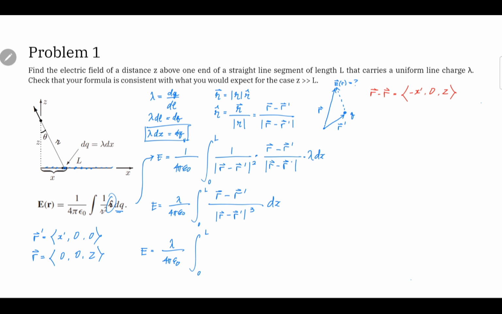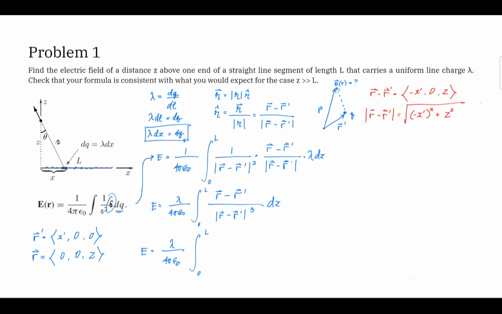And of course, as for the magnitude of r minus r prime, oops, sorry, I forgot to indicate the r prime, it's just going to be the square root of negative x prime quantity squared plus z quantity squared.